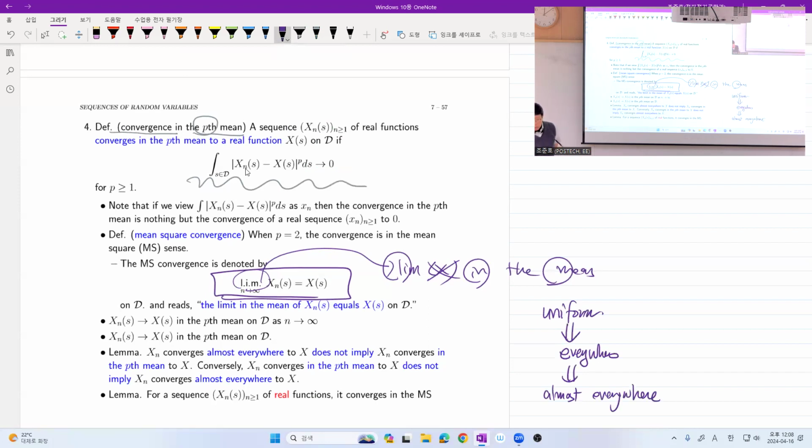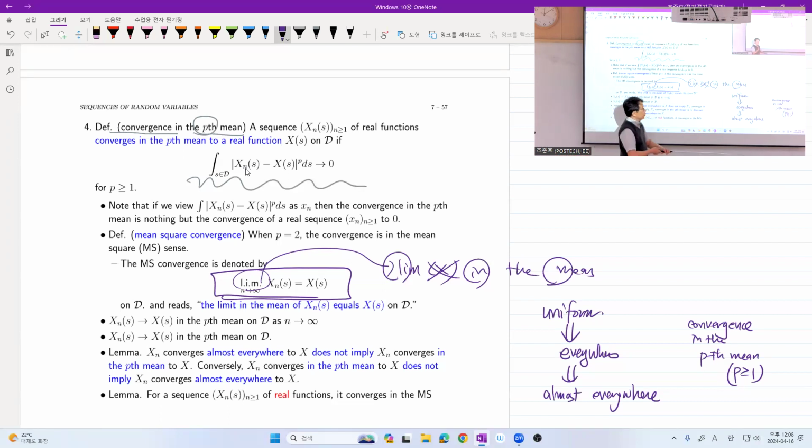What about the relation between the convergence in the pth mean and the convergence of these senses? Amazingly, they are not related. So you have a different branch: convergence in the pth mean with p greater than or equal to 1.